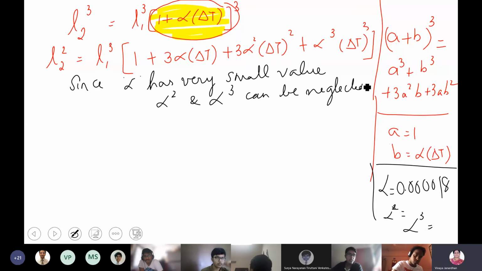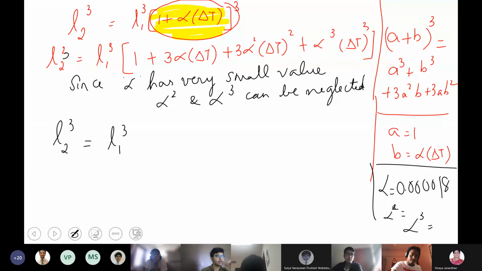Ma'am, in the 3A squared B and 3AB squared terms, we didn't square anything. There is a mistake in it. The second term is supposed to be 3 alpha squared delta T squared, and the third term should be 3 alpha delta T. It's an addition term, right?